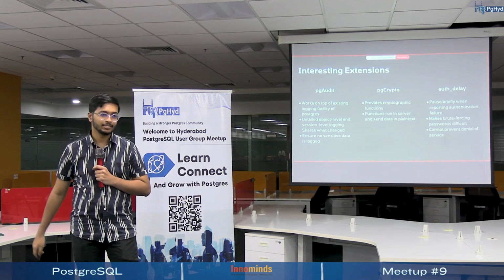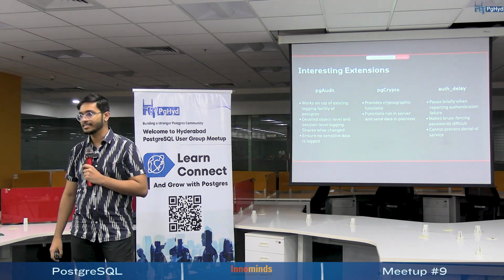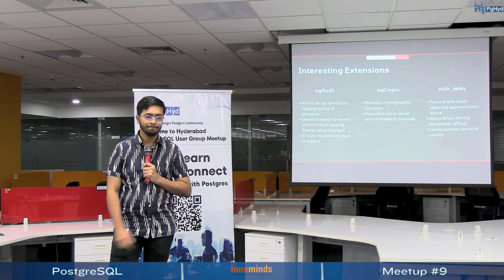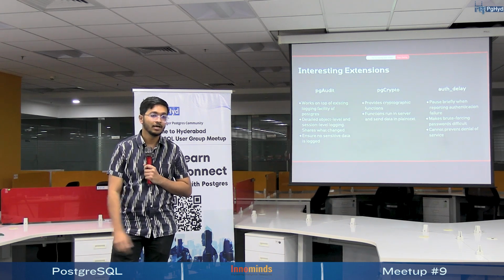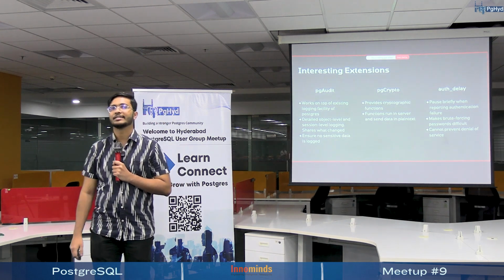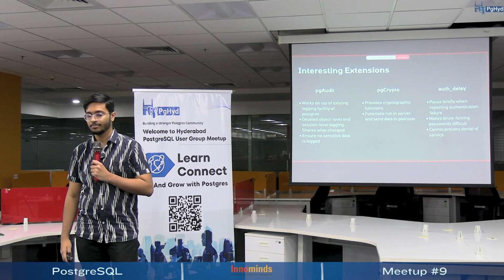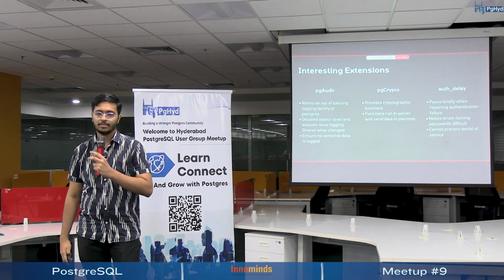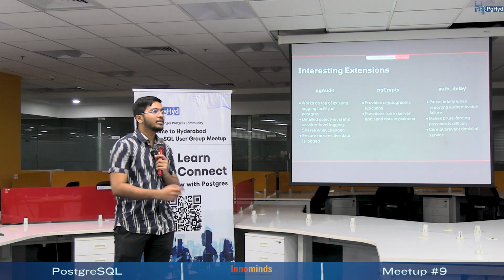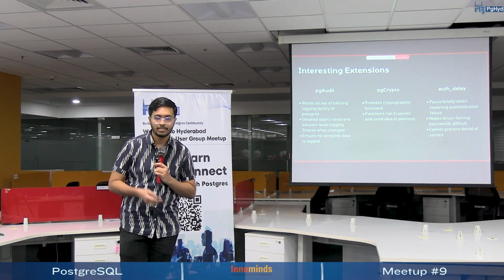Now, some interesting extensions. There were 3 extensions that I found interesting. Of these, PG Crypto is something I've already used earlier in some side project that I did. PG Audit works on top of existing PostgreSQL logging functionality. You can use this extension to set up object level and session level logging.